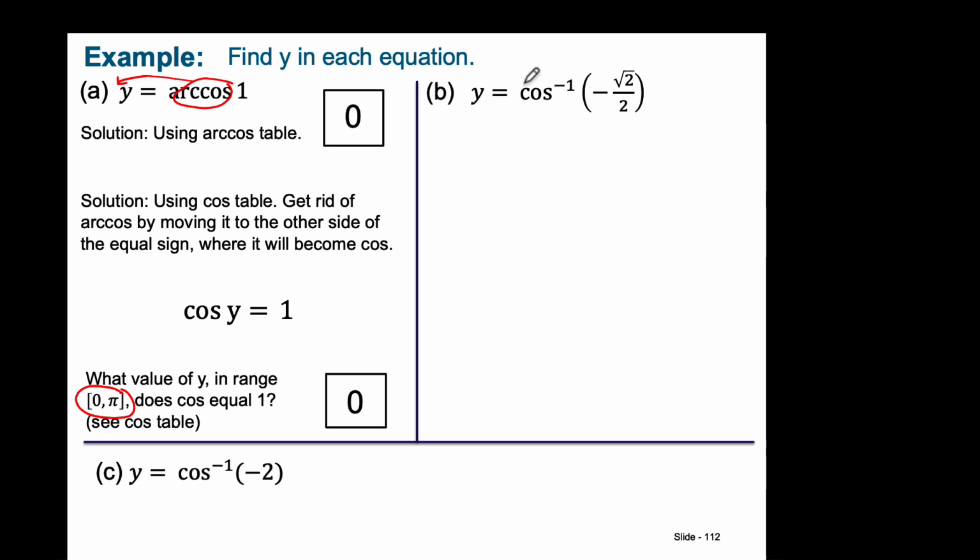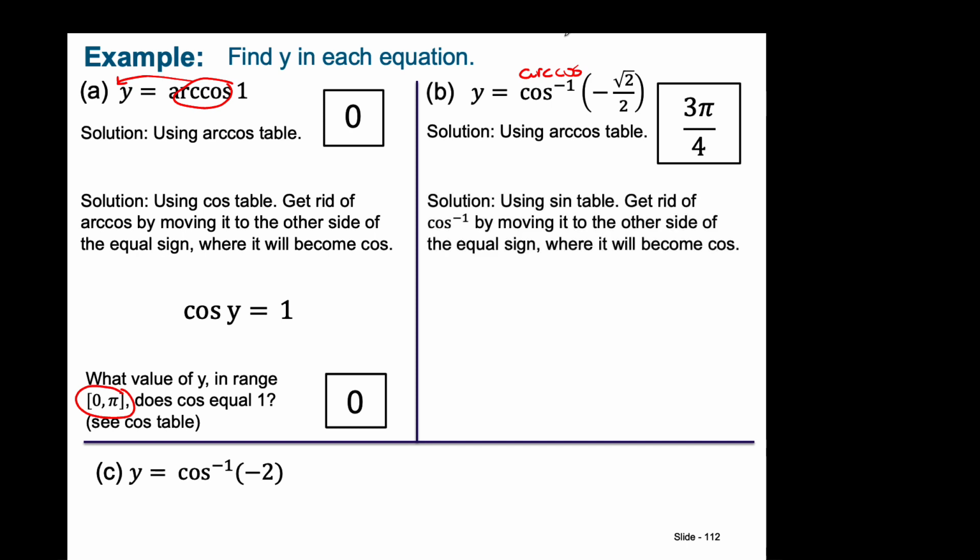All right, let's go again. Like this one here, make sure you know that inverse cosine could have been used instead, different notation, but equivalent functions. We can use the arc cosine table to find that y equals inverse cosine of negative radical 2 over 2 is 3 pi over 4.